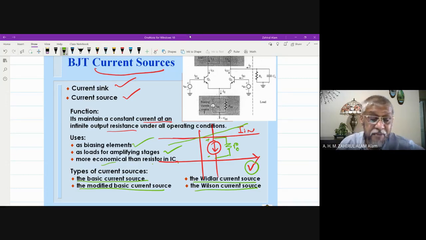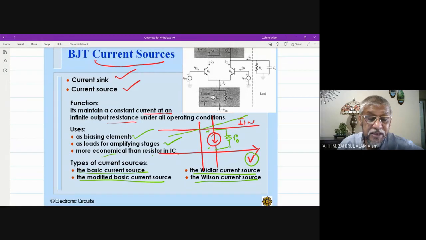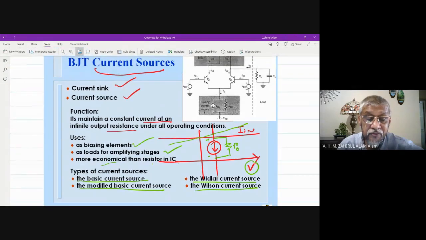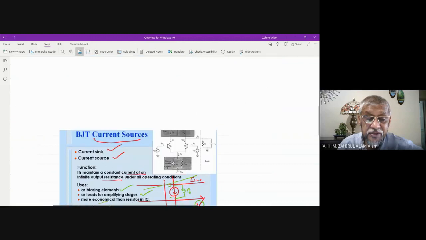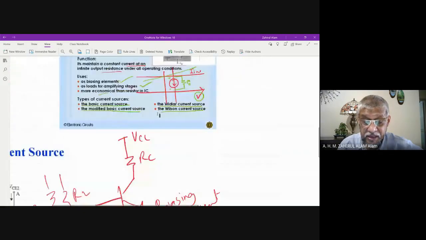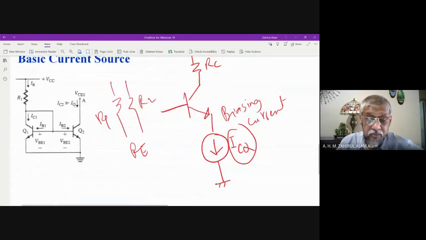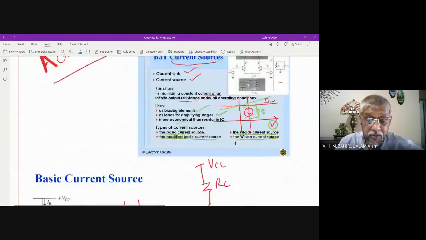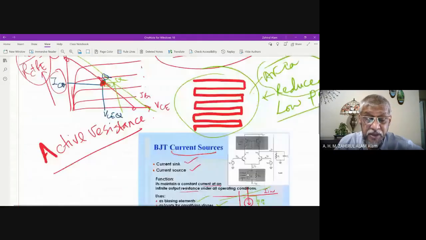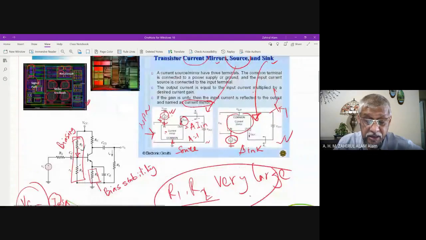So now, as I mentioned, we need to replace this resistance using a transistor. Let me copy this circuit.